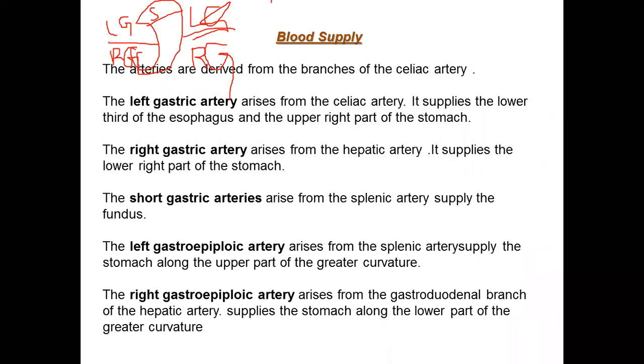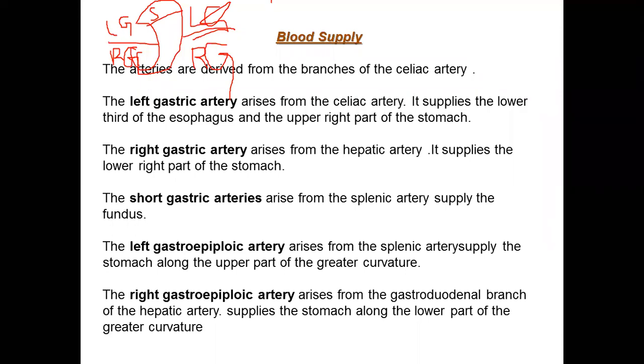Then blood supply of stomach. The right upper part of lesser curvature is supplied by the left gastric artery. Then the right lower part of lesser curvature is supplied by the right gastric artery. Left gastric artery is a branch of celiac trunk. Right gastric artery is a branch of hepatic artery.